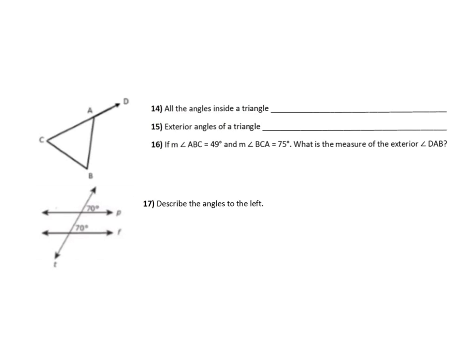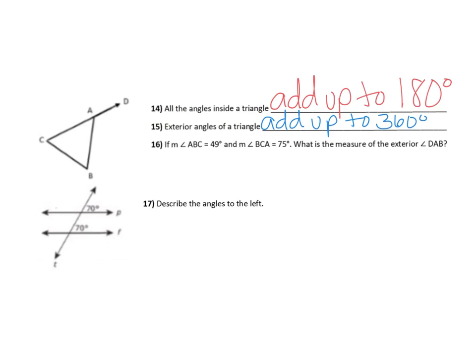Number 14. All the angles inside a triangle add up to 180 degrees. Exterior angles of a triangle add up to 360 degrees.